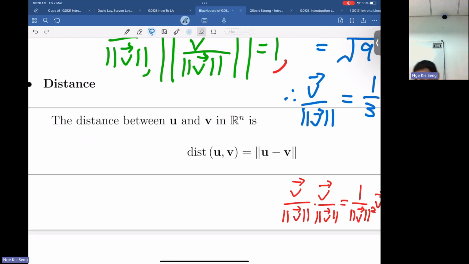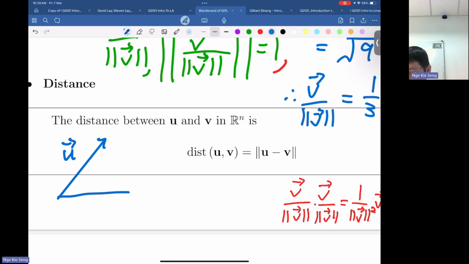How do you compute the distance between U and V? So what's the idea here? You have U, right? You have V. How do you measure the distance between these two things? What do you think? How do you measure the distance between these two?